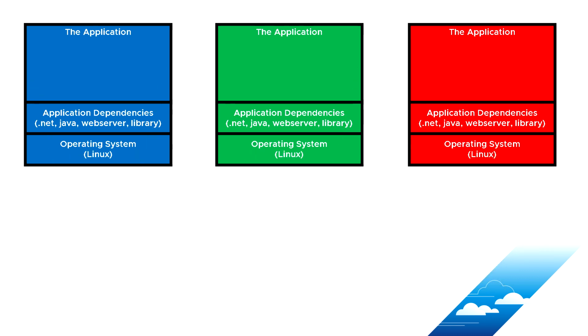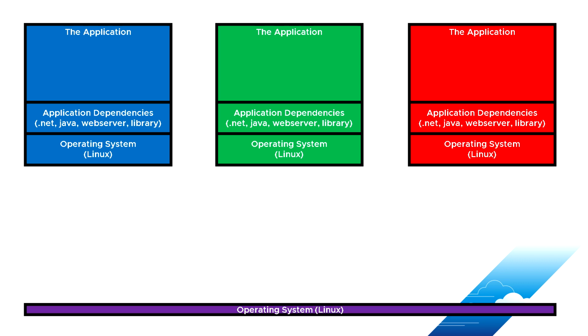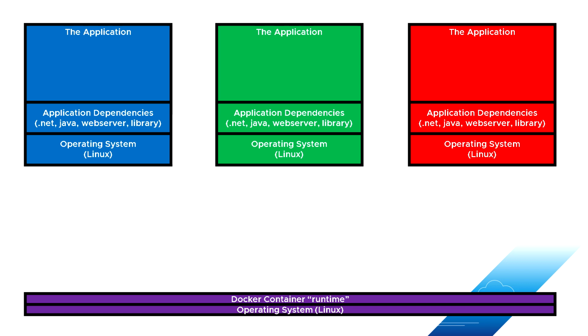The next thing after that is I could take those same 3 VMs, but what I could do, I could add a very thin or optimized version of Linux. I could then run a container runtime on top of that, the most popular one or the most well-known one being Docker. So I now have a very slim operating system containing a container runtime.